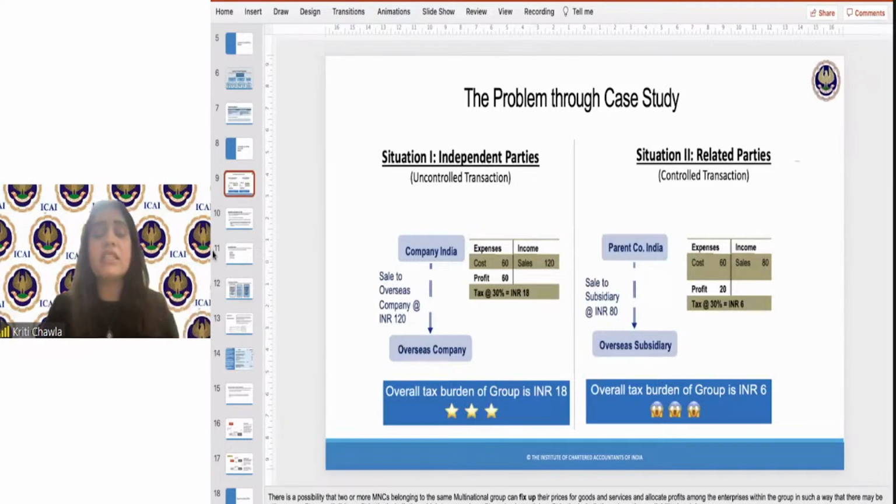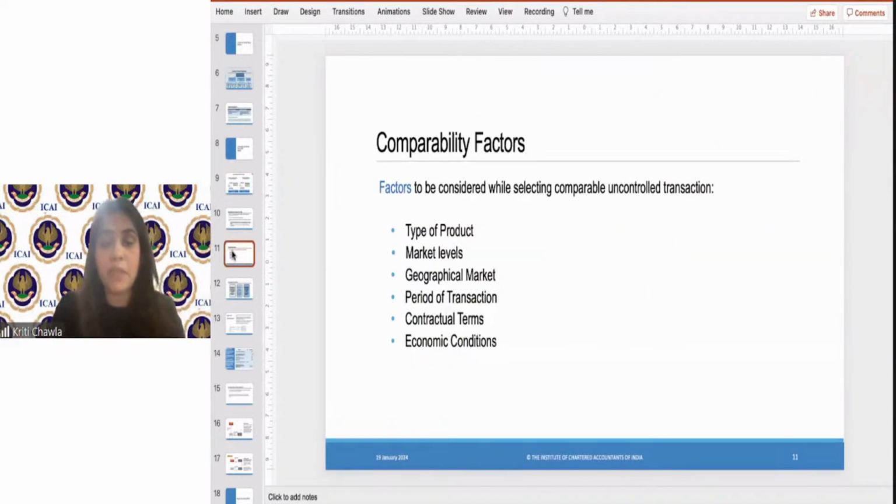So the point is, what exactly do you have to make sure is comparable? What are the factors that you have to make sure are comparable? Well, these are the comparability factors. You'll have to make sure first that the type of the product is the same.